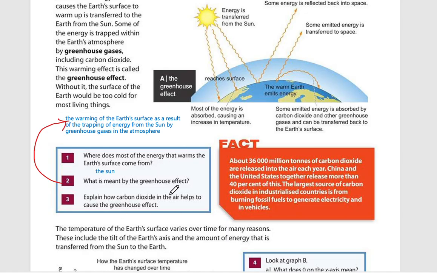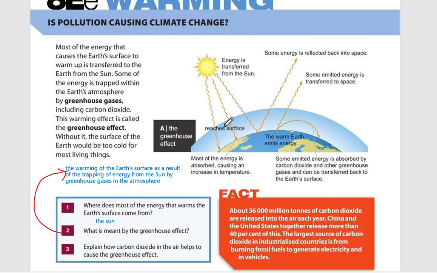So greenhouse effect means what? The warming of the earth's surface as a result of the trapping of energy from the sun by greenhouse gases in the atmosphere. Now you can see in this one there are some important things. The word warming. Then where?